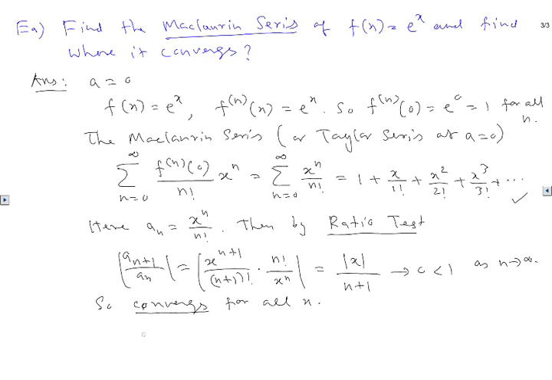Because of that, we can simply write e^x as the sigma, n going from 0 to infinity, of x^n over n factorial, because it converges everywhere. So this is simply 1 plus x plus x squared over 2 factorial plus x cubed over 3 factorial, like that, for all x.